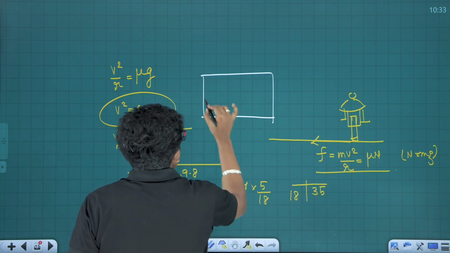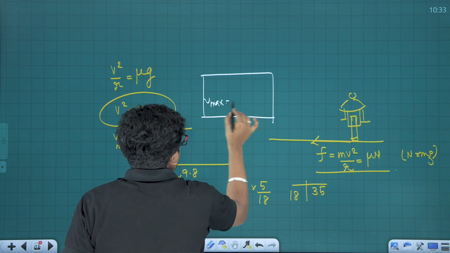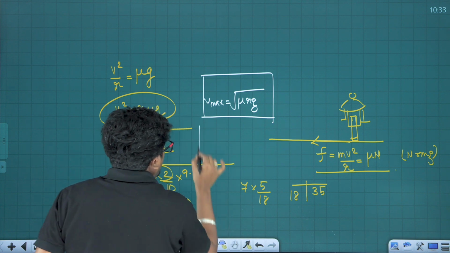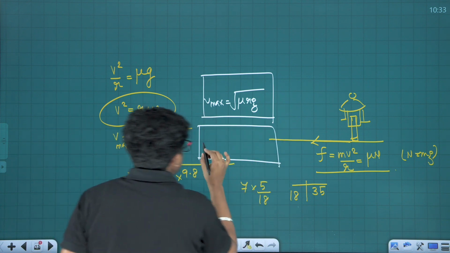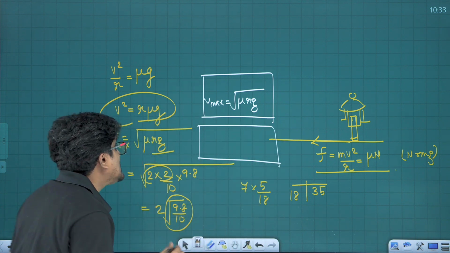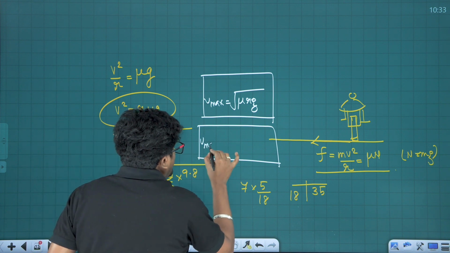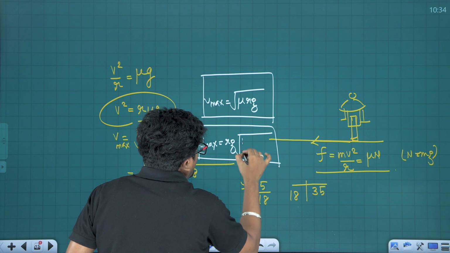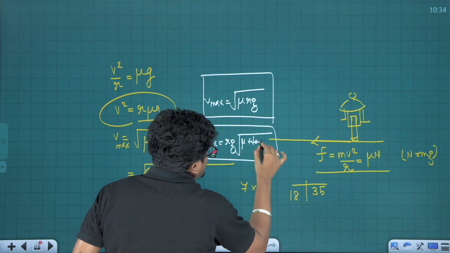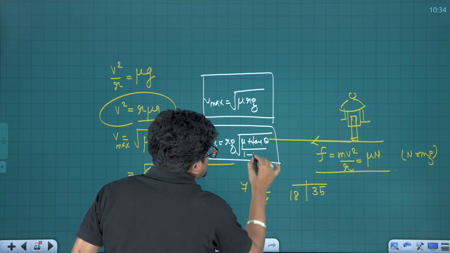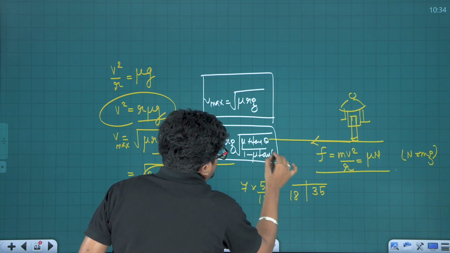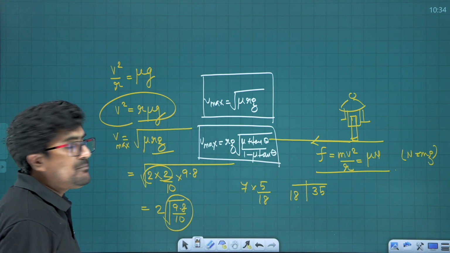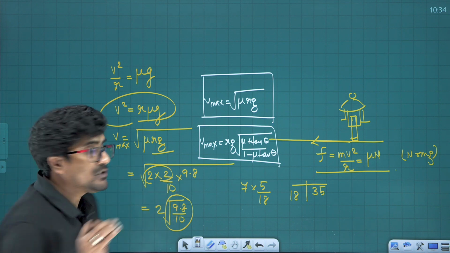For horizontal, V max is under root of mu times R into G, and for an inclined plane, meaning inclined road, that means the banking is provided, their V max is equal to root of R into G times (mu plus tan theta) all divided by (1 minus mu tan theta). That is a relation that you must keep in mind. Okay, so that is the takeaway for this question.